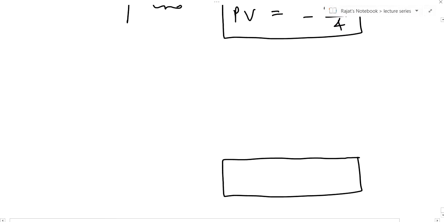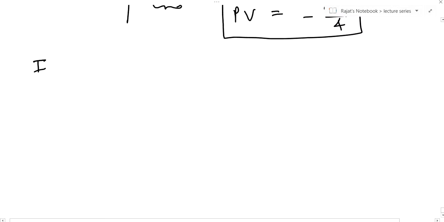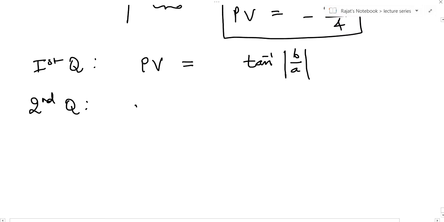Let me give you the general expression for finding the correct answer. Suppose the point lies in the first quadrant, then the principal value is tan inverse of mod b upon a. If the point lies in the second quadrant, then the principal value is given by tan inverse of b by a subtracted from pi.